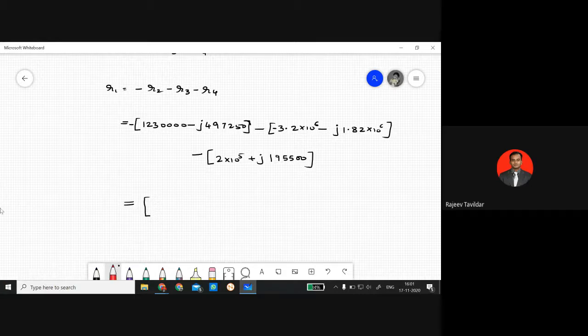Let me know if you add up all the real terms, what are you getting? I'm getting 1.7 as the real term into 10 raised to 6. I'm not sure about this. Please let me know if they are correct.